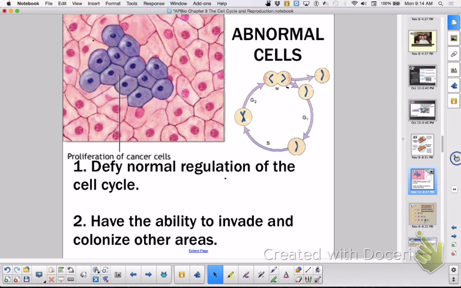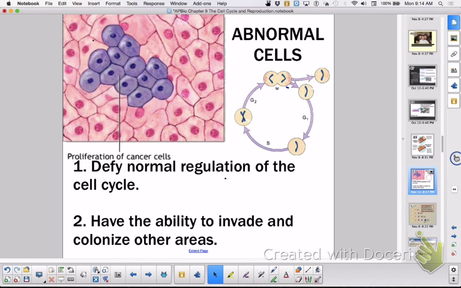All right, so something's going on with the cell cycle. There's more of them. They're not obeying the rules, okay? And then secondarily, if they gain the ability to spread to other areas, that's when you're going to have that problem.